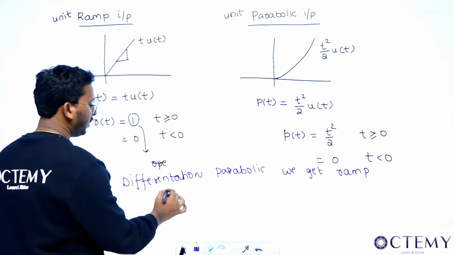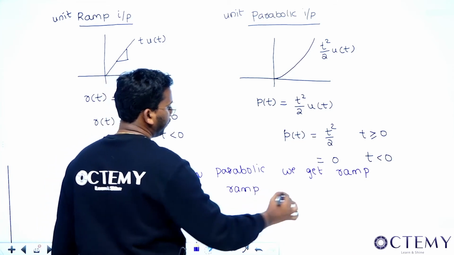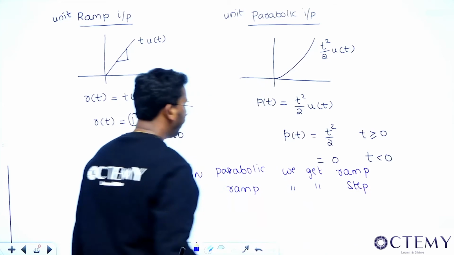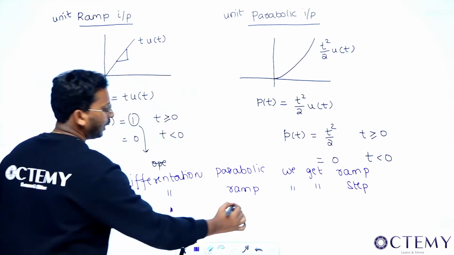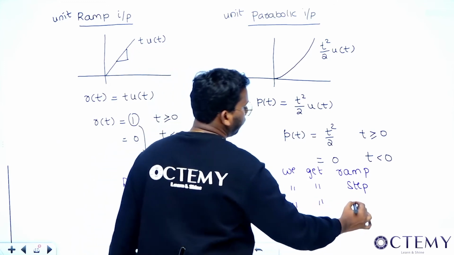Similarly, differentiating ramp, we get step. Differentiating step, we get impulse.